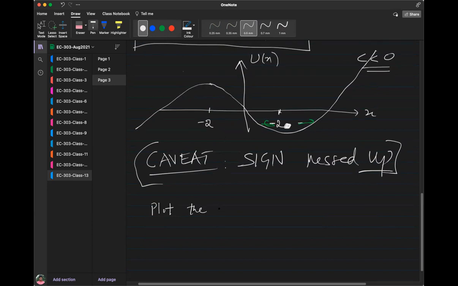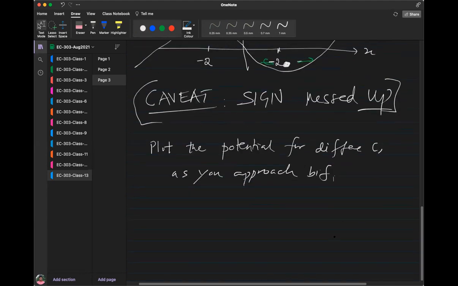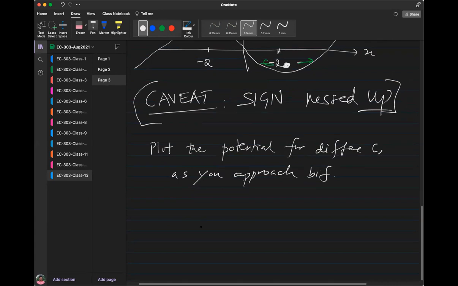What we expect to find is that, I would like you to plot the potential function for different c, as you approach bifurcation. So you will basically find the following feature. When you are far from threshold, what's the value of alpha?